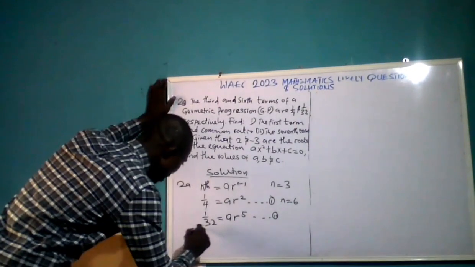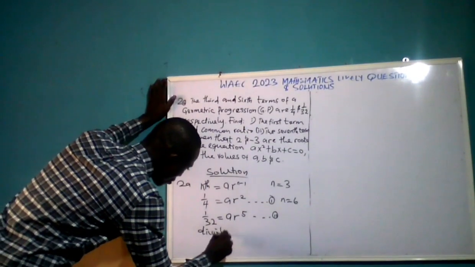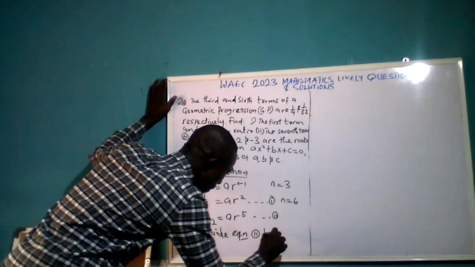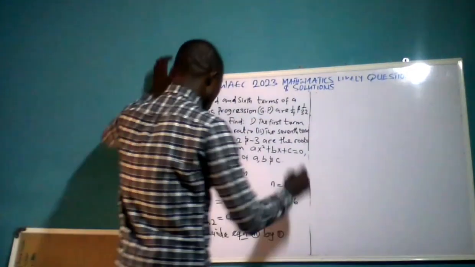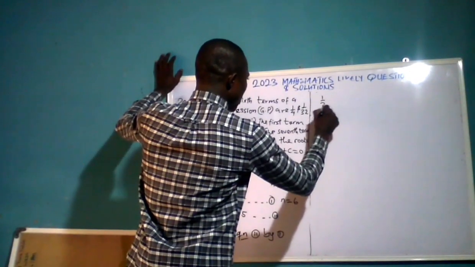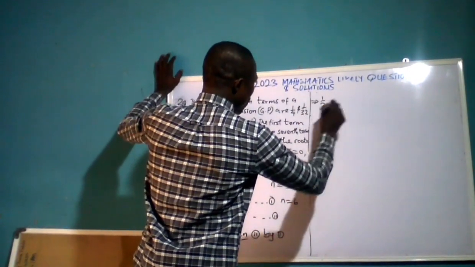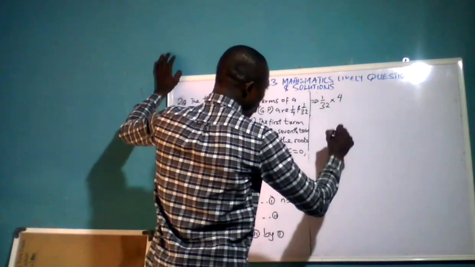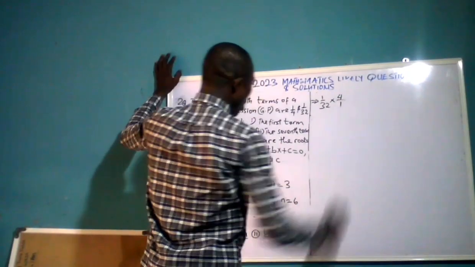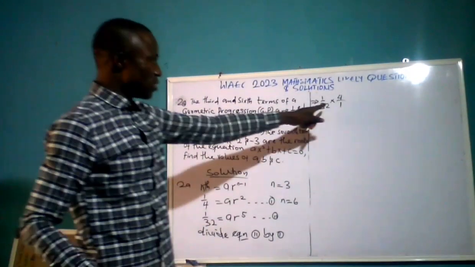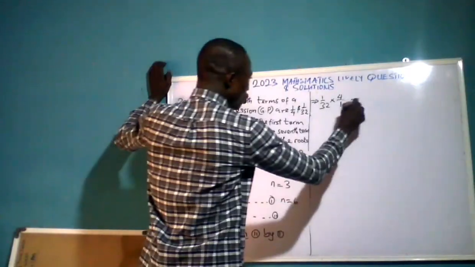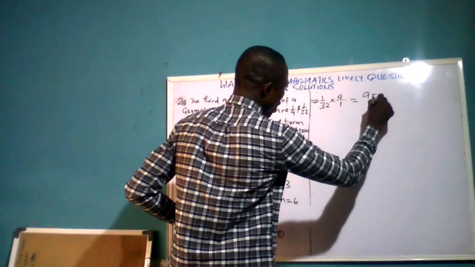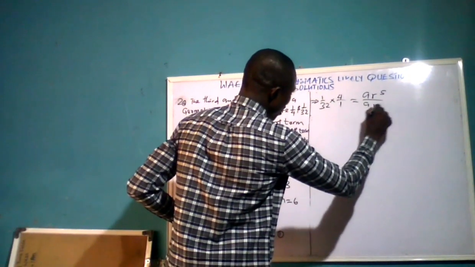Now let's do that. Divide equation 2 by 1. That is 1 all over 32 divided by 1 all over 4. That will give you, multiply by 4 over 1, because the sign has changed from division to multiplication. So you have a r raised to power 5 all over a r raised to power 2.